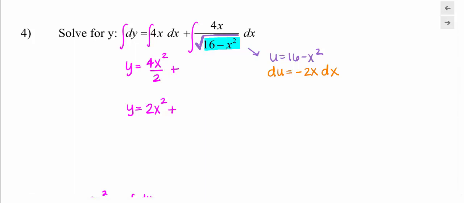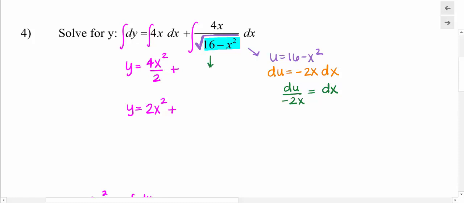Should be just power rule there. And then if we solve for dx, we're dividing both sides by negative 2x. Okay, make sure you don't add 2x to both sides. We're just dividing.